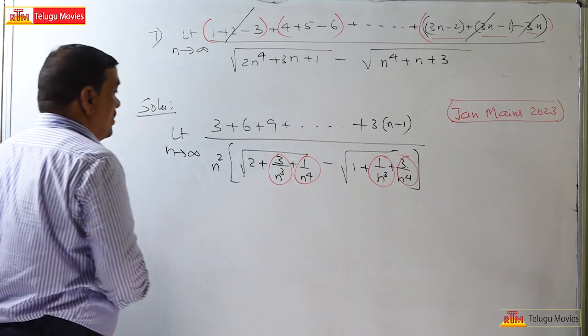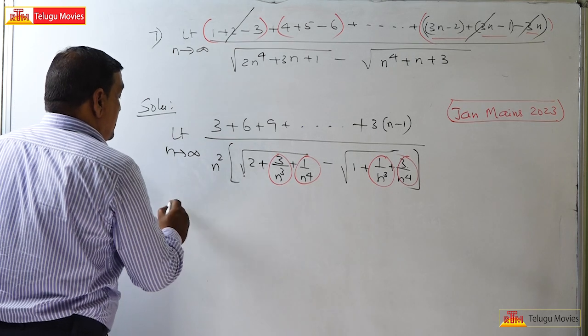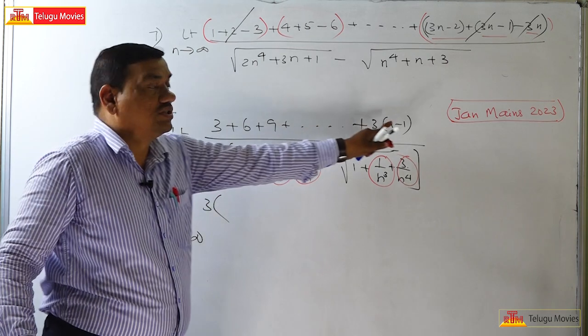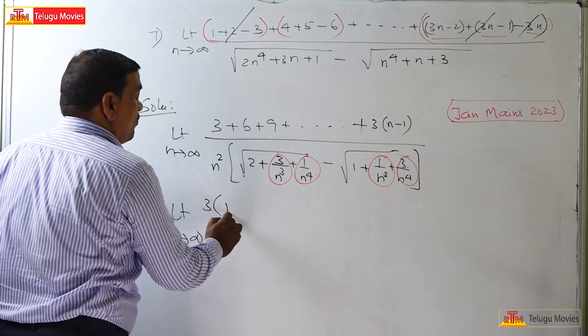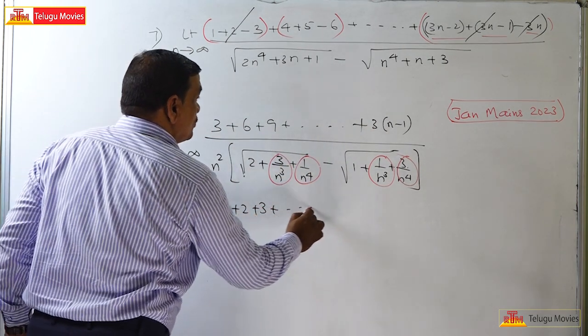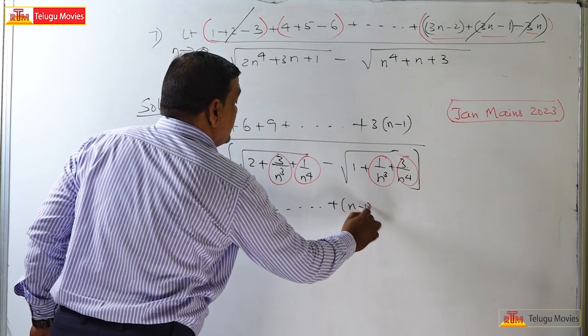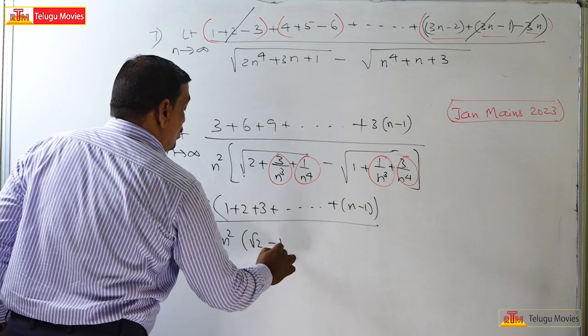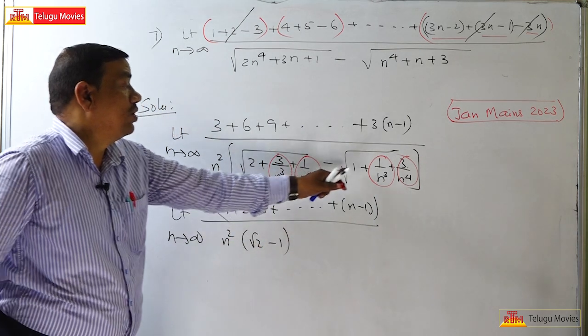So denominator done. In the numerator, see here, limit n tends to infinity. Take 3 common outside. If you take 3 common outside, 1 plus 2 plus 3 plus so on plus n minus 1, divided by n square into root 2 minus 1.